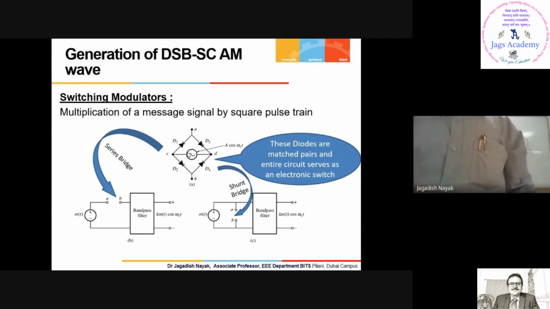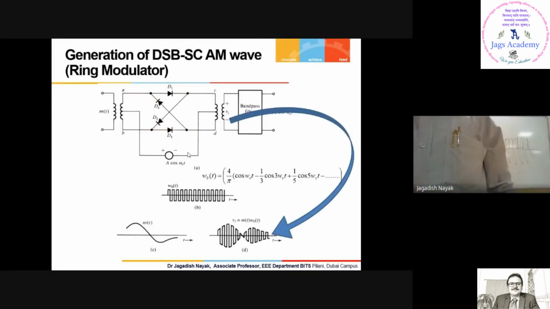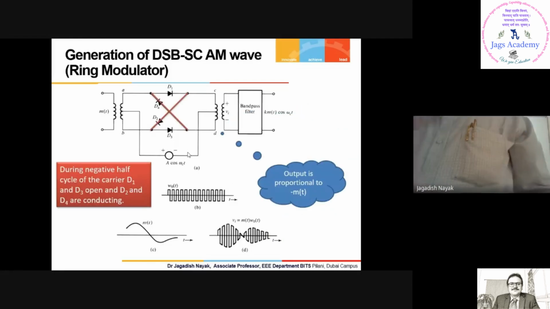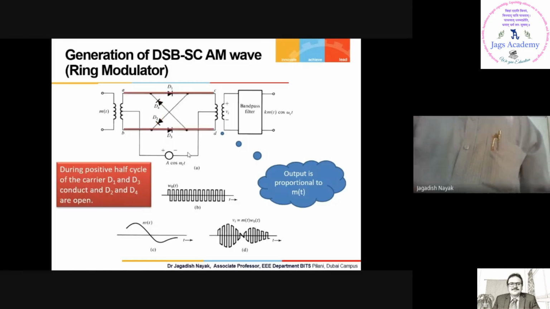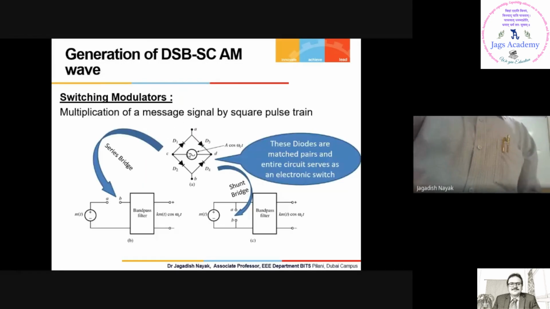It is something like this: 4 by pi cos omega ct minus 1 by 3 cos 3 omega ct plus 1 by 5 cos 5 omega ct. This is the Fourier series of this square wave, and this square wave is generated by this ring modulator and also this switching modulator.